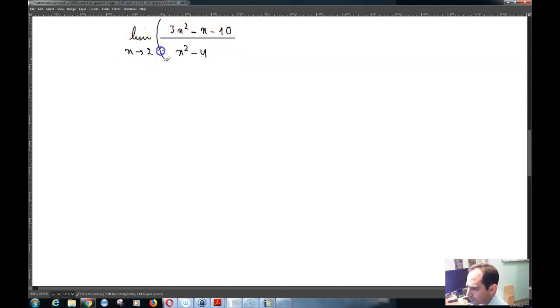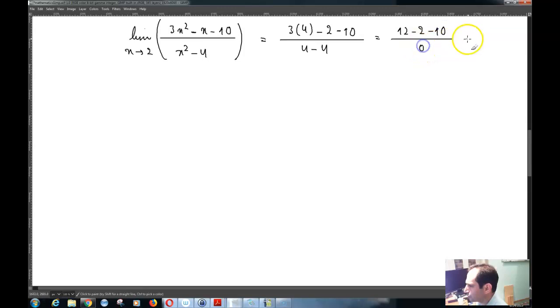So this is equal to 3 times 2 squared, which is 4, minus 2 minus 10 over 4 minus 4, which is equal to 12 minus 2 minus 10 over 0, which is equal to 0 over 0.